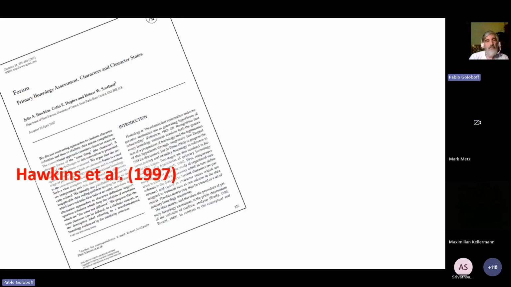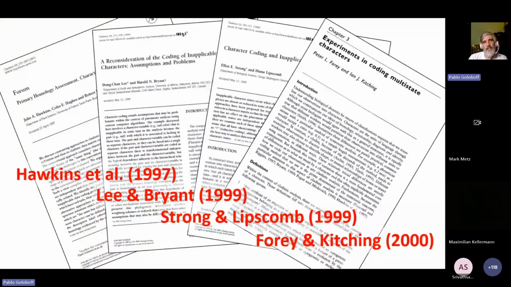So the paper, even if it has some problems, clearly shows what the problems are and what the potential solutions are. Hawkins et al., and Liam Bryant and Strong and Lipscomb and Forey and Kitching, in the few subsequent years after Madison, several authors got interested in the problem of inapplicable characters and started publishing their own views.